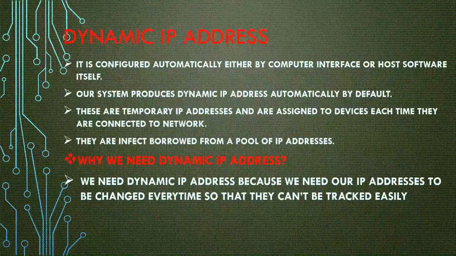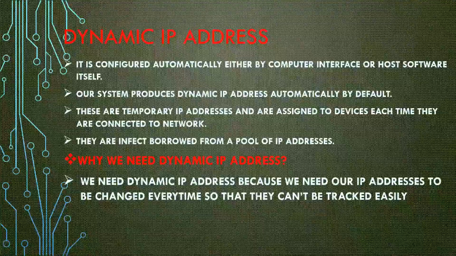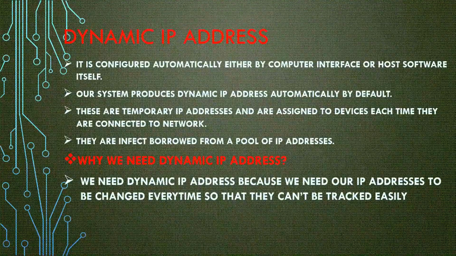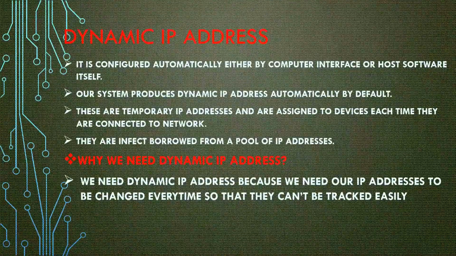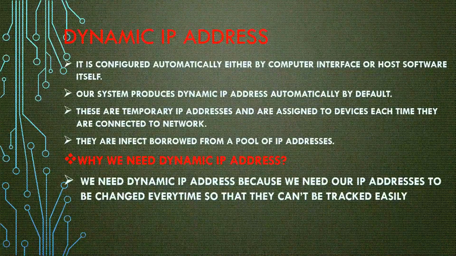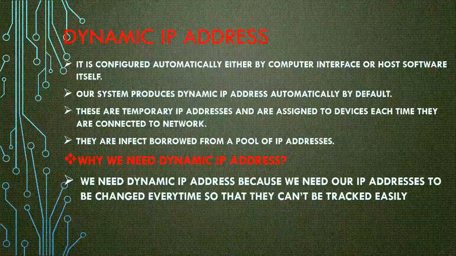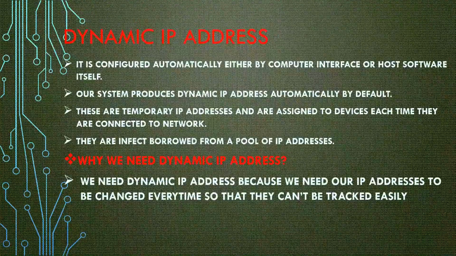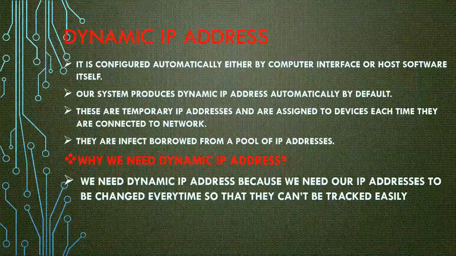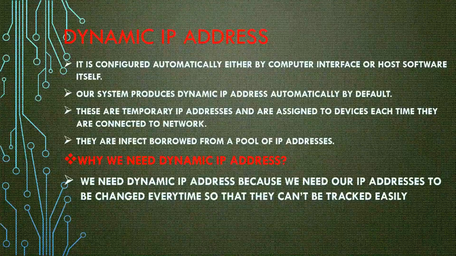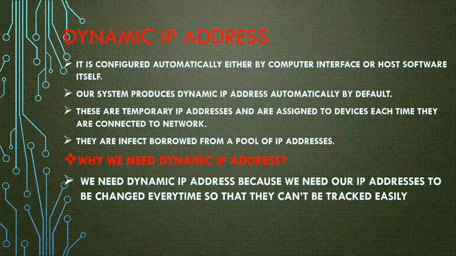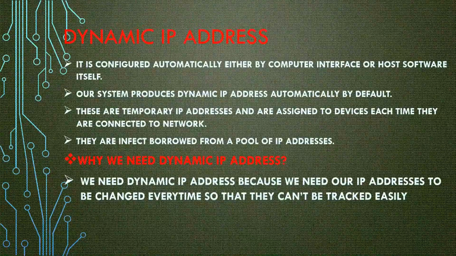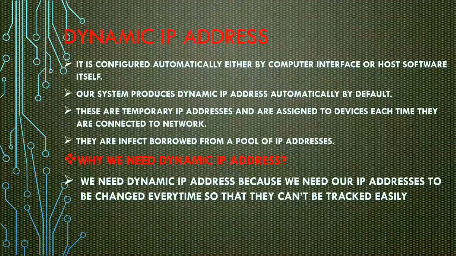The next is the dynamic IP address. It is configured automatically either by the computer interface or the host software itself. Our system produces dynamic IP addresses automatically by default. The third point is these are temporary IP addresses. Static IP addresses were permanent, and these are temporary IP addresses assigned to devices each time they are connected to a network.